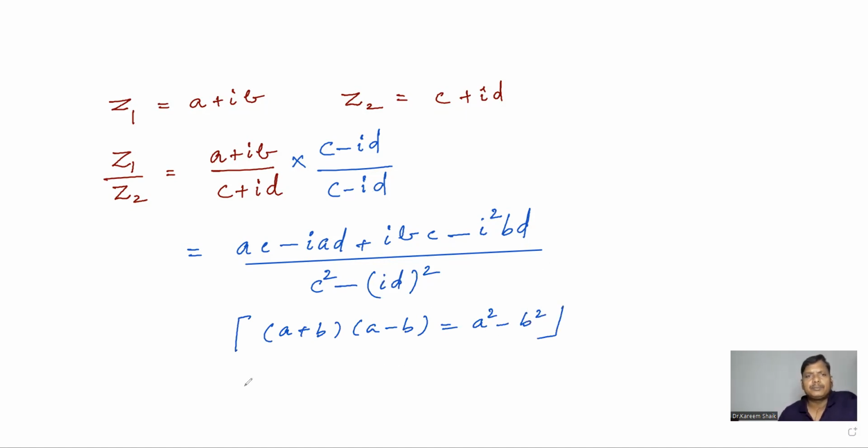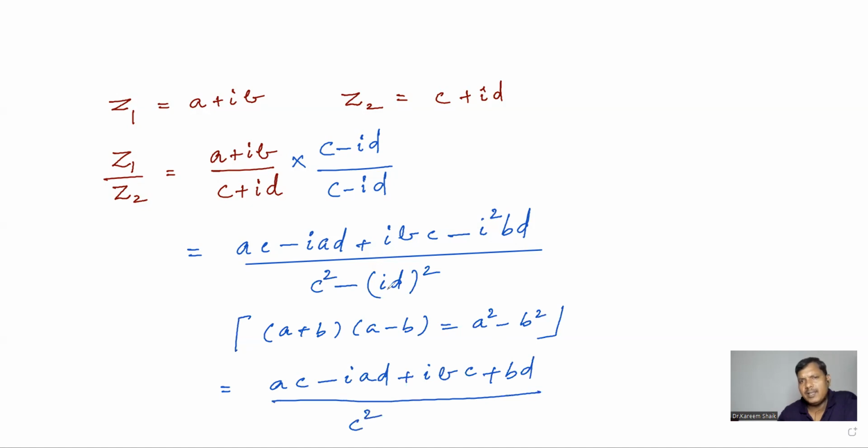Now observe here, can I rearrange this: ac minus iota ad plus iota bc. Here iota square is negative 1, negative of negative is positive, bd, upon c square. Iota square is what? Negative 1. So negative d square, negative of negative is positive d square.